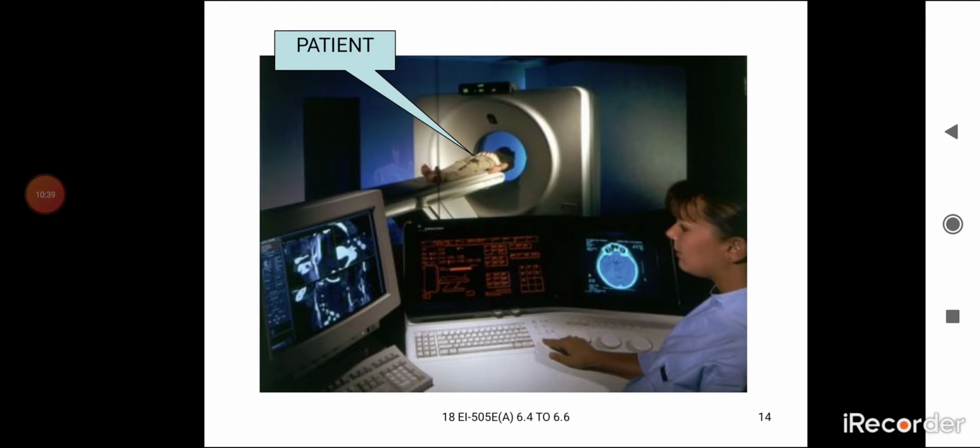The picture shows the patient lying on the table, moving inside the gantry, where the movable X-ray source and detectors are arranged on the gantry.